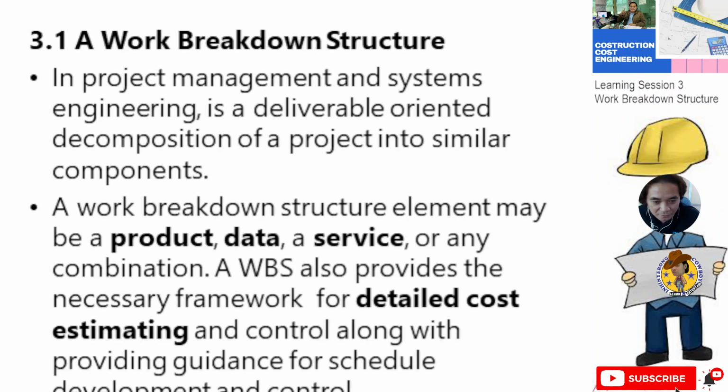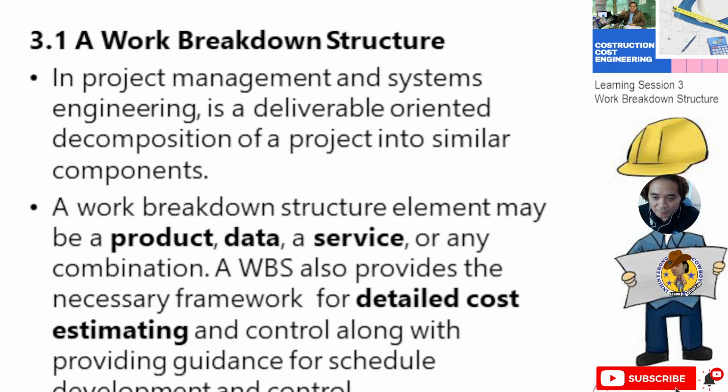This is one of the topics of this learning session, the work breakdown structure, and this is the definition. Number one, in project management and systems engineering, it is a deliverable-oriented decomposition of your project into similar components.